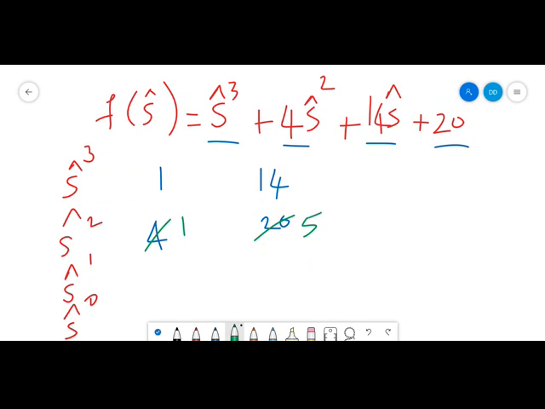So we will find the third row elements. It is 14 minus 5 by 1, which is 9, and this is 0. Next is 9 into 5 minus 0 divided by 9, which gives you 5. So now we see that all the values in the first column of the Routh array are positive.